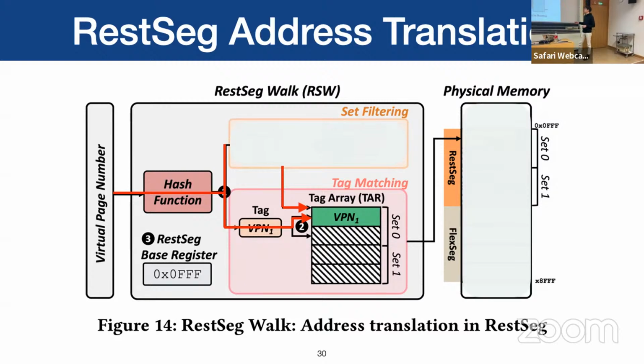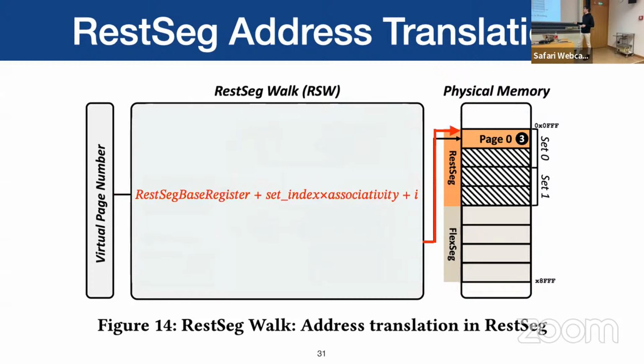And if that is the case, well, we have actually already retrieved the physical memory address, which is just given by the base register value of this restrictive segment. Then we add the set index times the associativity to go to the right set. And there we add i, which is the ith way where our tag was stored in the set. Okay.